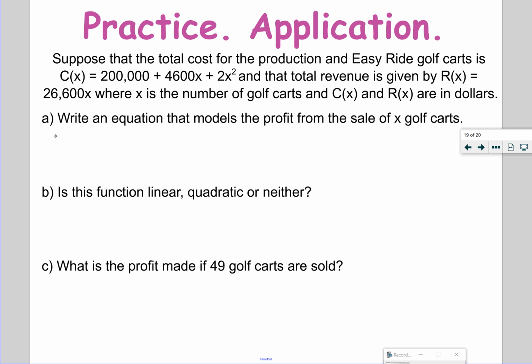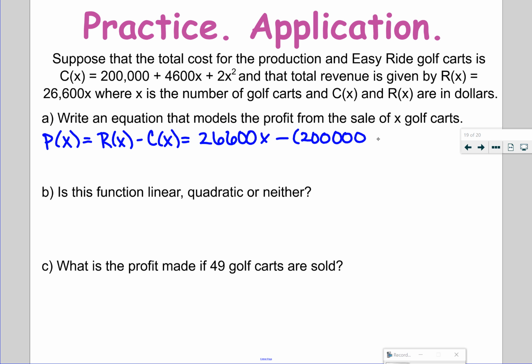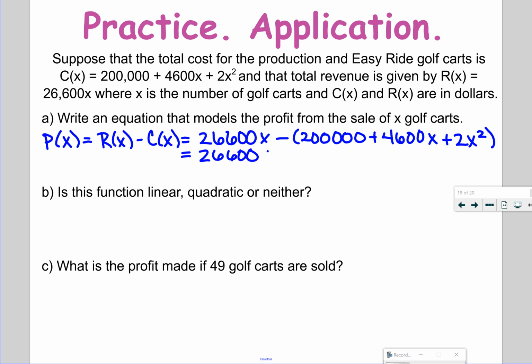All right, so my profit function is, again, my revenue minus my cost. My revenue is 26,600x minus my cost, which was 200,000 plus 4,600x plus 2x squared. Distribute my negative, and then combine like terms.